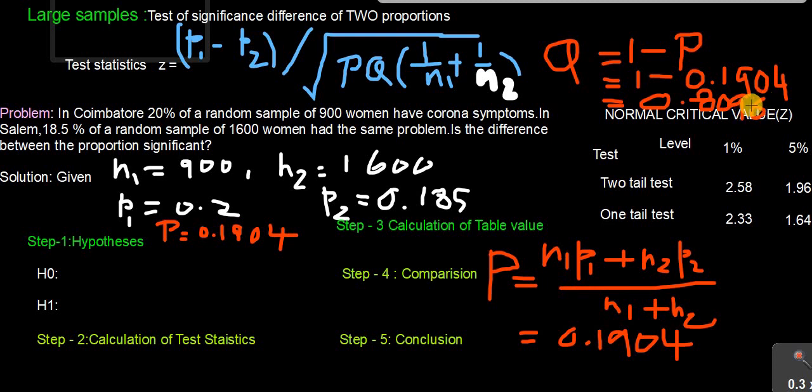That's what we get there. So the value of capital Q is equal to 0.8096.